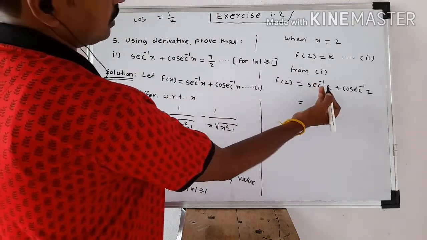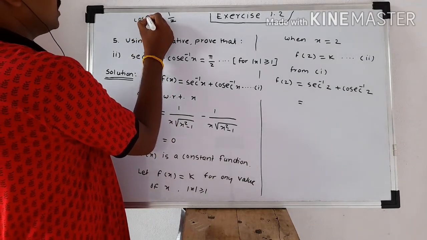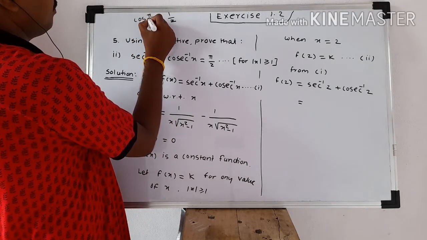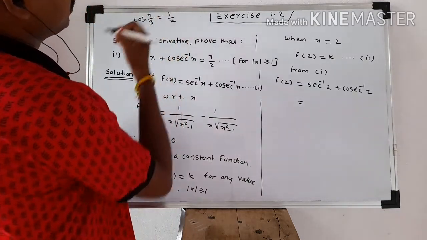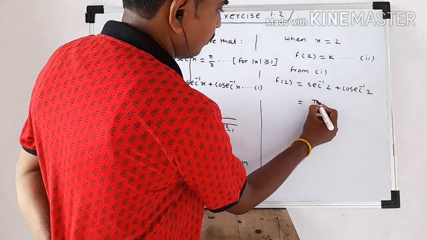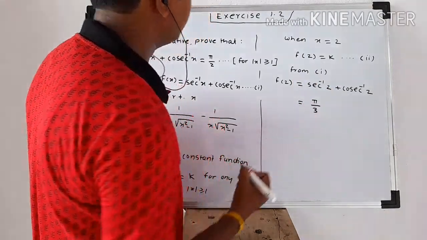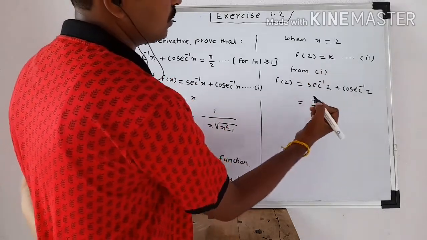The same angle gives sec value 2. For cos 60 degree, 60 degree means pi by 3, the value is 1 by 2, therefore the reciprocal is 2. Therefore for pi by 3 the sec value is 2, so sec inverse of 2 is pi by 3.